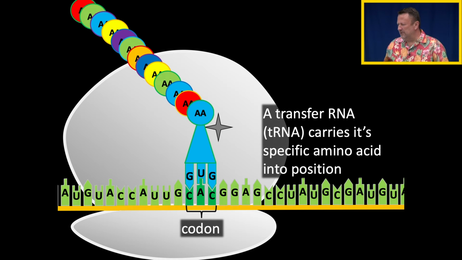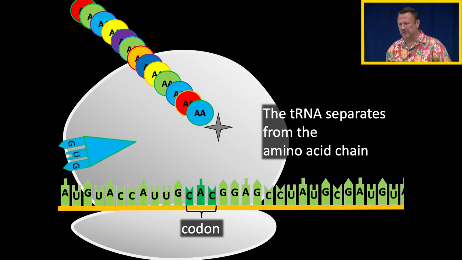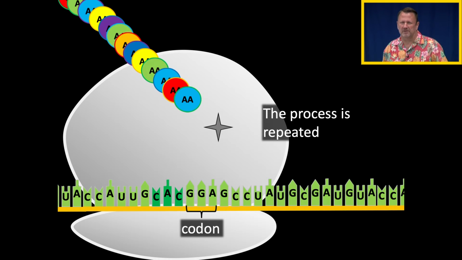Well, notice that the CAC of the codon matches perfectly with the GUG of a transfer RNA that's carrying an amino acid. It puts it in the perfect place, and once that peptide bond occurs, it causes a conformational change, pushes it away, and gets ready for the next step. So we can repeat the process. And then the codon for GGA is going to attract transfer RNA, putting the perfect amino acid into place.